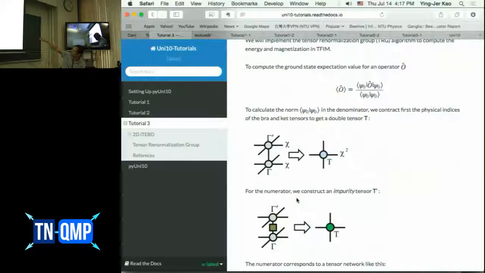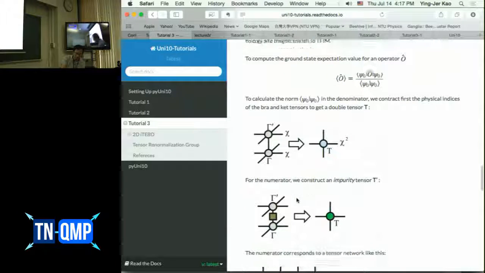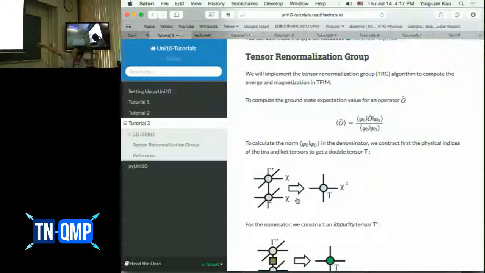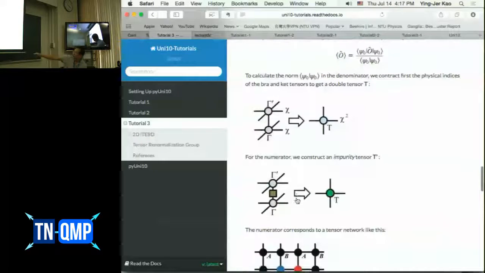These are the double tensors. And if I want to compute some order parameter, then I have some operator acting on the physical indices, and we contract them. This is weighted with the matrix element, and we call this the impurity tensor.